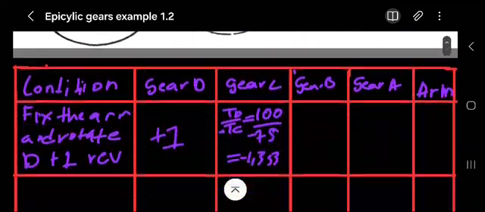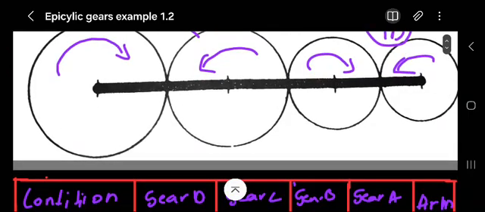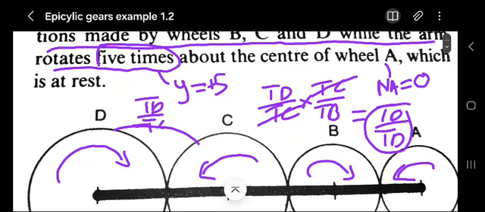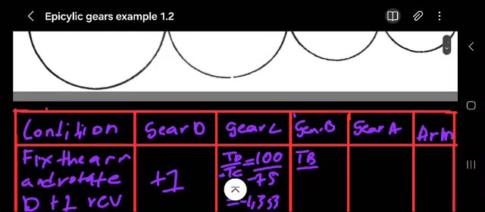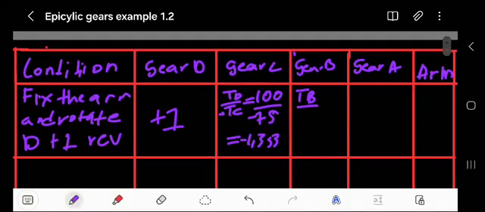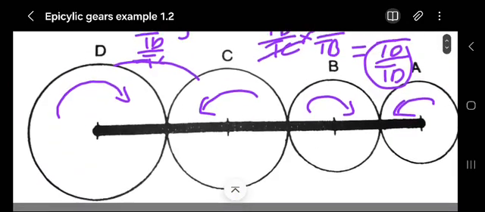You understand? TD is 100 divided by 50, TB is 50. This will be +2.